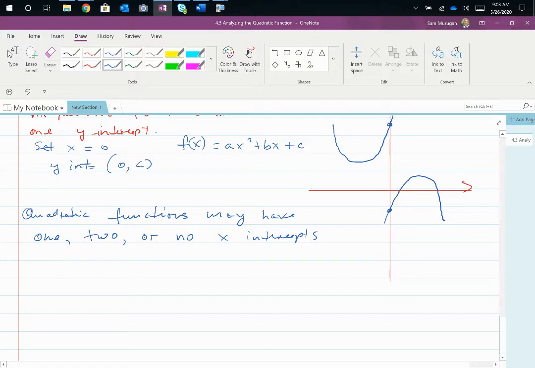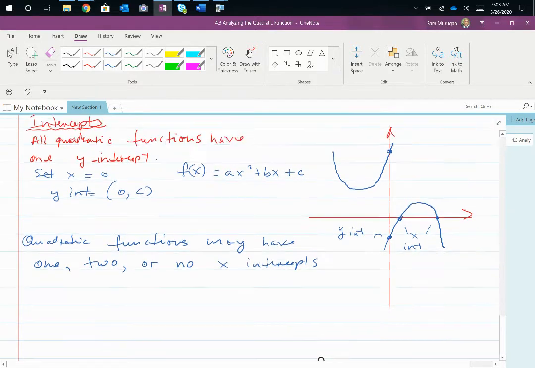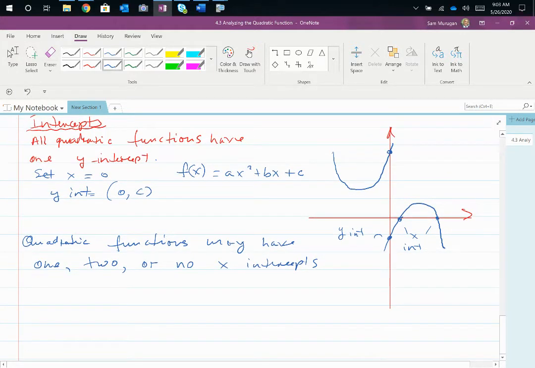For example, in this one here, we have two x-intercepts. But in the graph above it, because it's turned upward, it does not cross the x-axis. So it only has a y-intercept, no x-intercept.